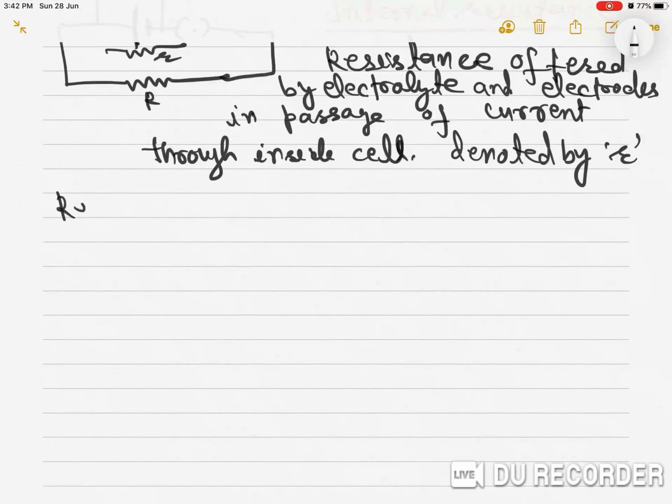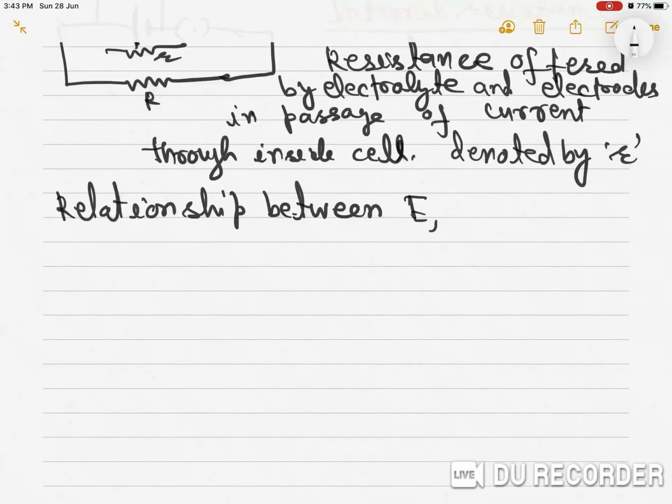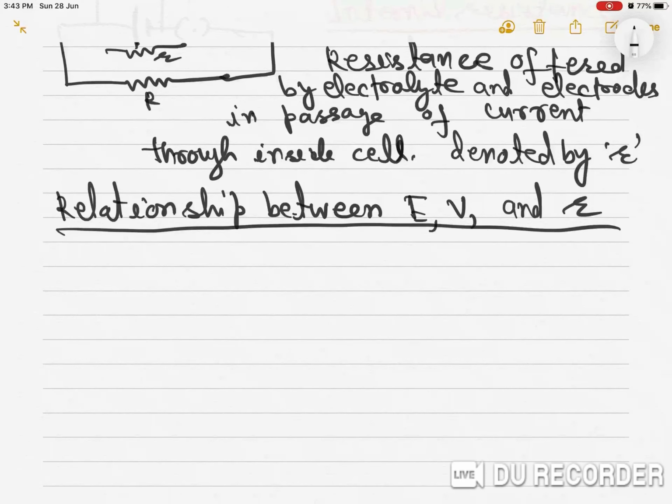Now, the relationship between E, V and r. Here E is the EMF, electromotive force.